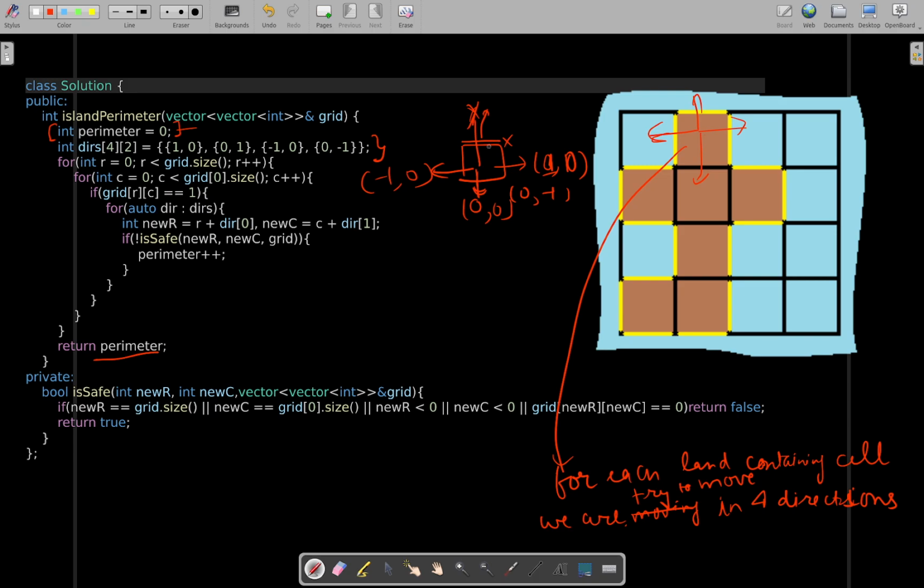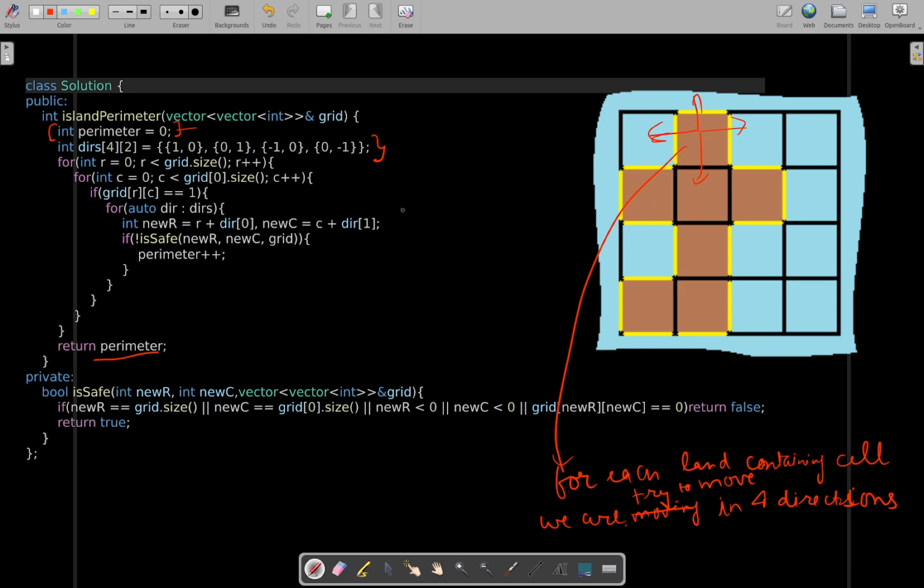So this is the coordinate system that I was considering. If you are moving one cell down, then you will obviously consider it an increase of row. Okay, these are the four directions, just to give you a rough idea.